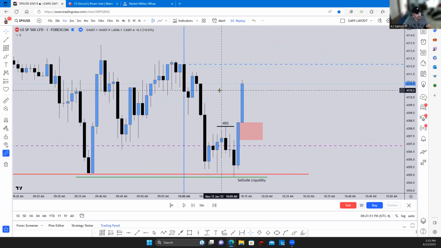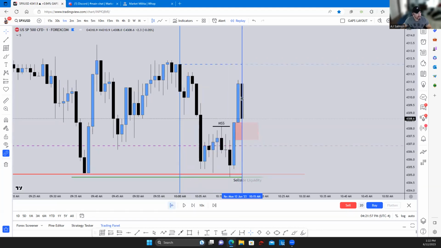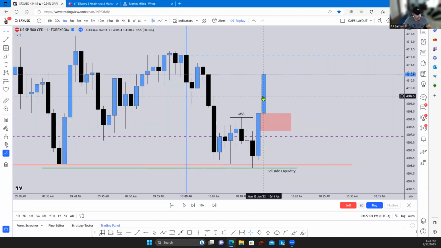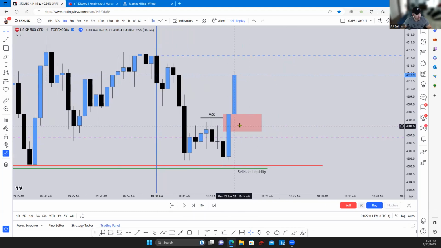Okay. And then it moves so much that it leaves a gap here, right? So if we use these 2 bullish candles and this 1 bearish candle, in between candle 1 and 3, the high and the low, there's a gap there, right? So price was only delivered for buys here.